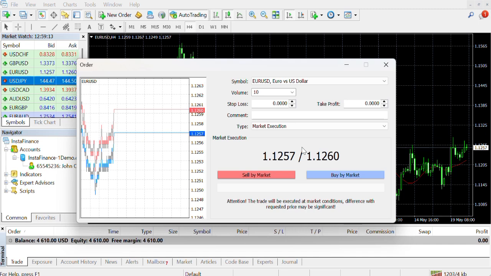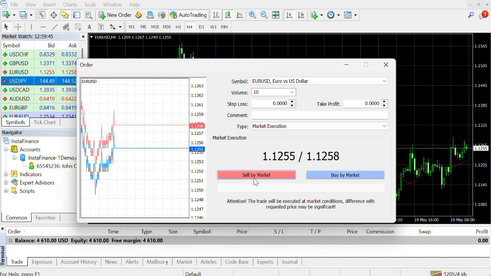And remember that difference is what we call the spread. That is more like the transaction fee. So if you open a trade now, it will instantly give you a minus because of this difference here. It will give you that minus 3 pips. So that 3 pips multiplied by the volume, which is 10, will instantly give you minus 30. So you have that minus 30 before you begin to make profit if the trade goes in your direction.